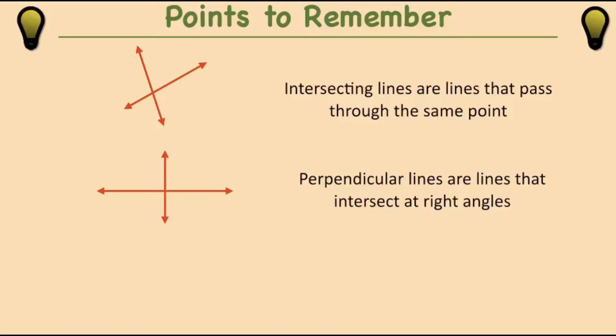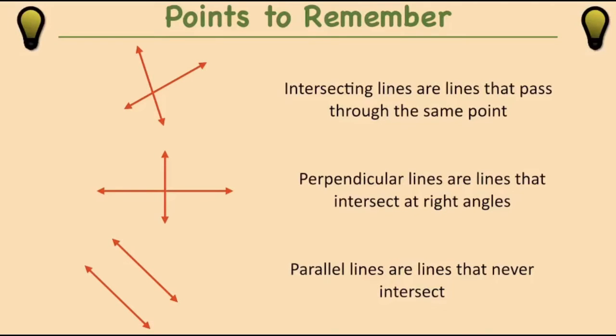Next one is parallel lines. These lines never intersect each other. If we extend these lines, they will never intersect at any point. So these are called parallel lines.